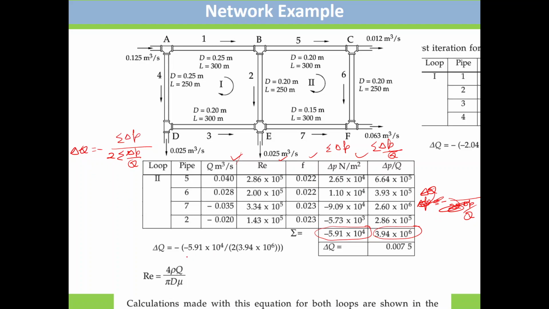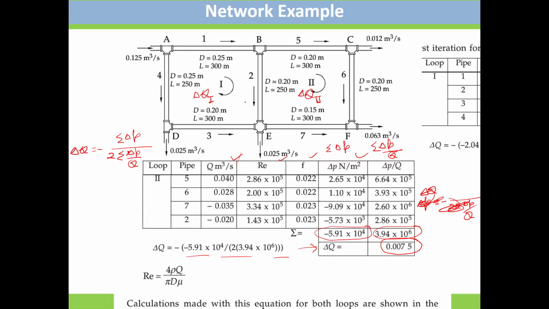So when you substitute the values in the formula, we get that delta Q comes out to be 0.0075. Now we have both values, the delta Q for loop 1 and the delta Q for loop 2.